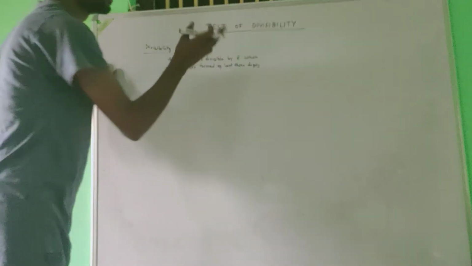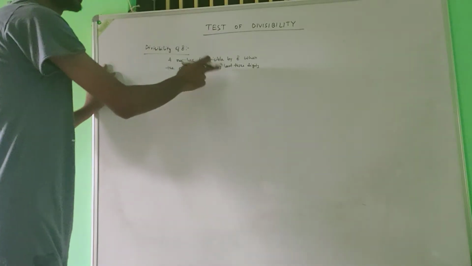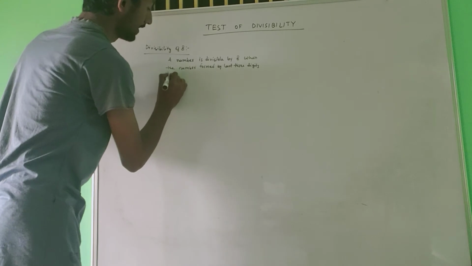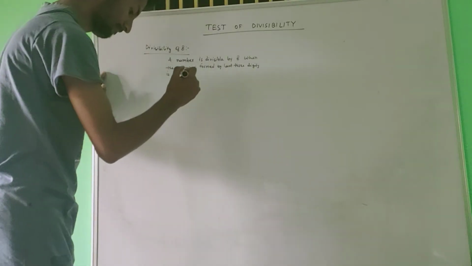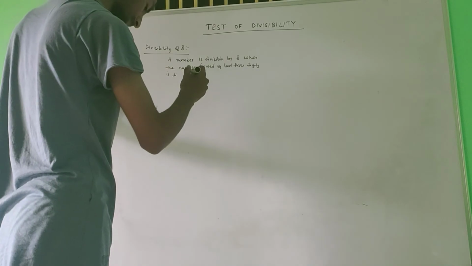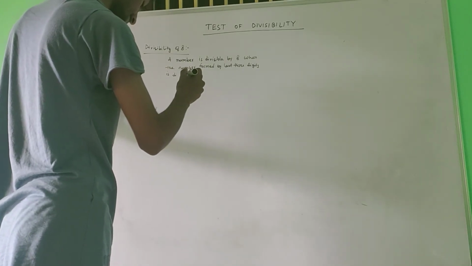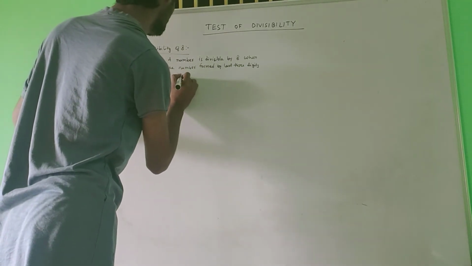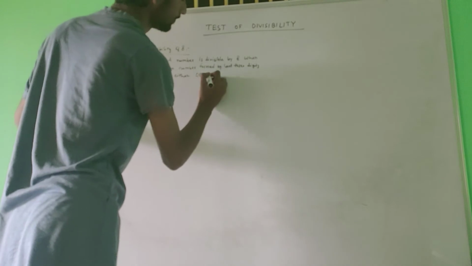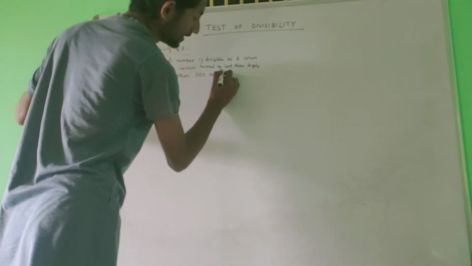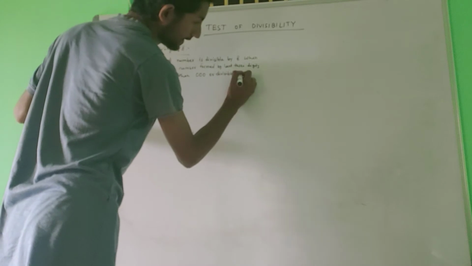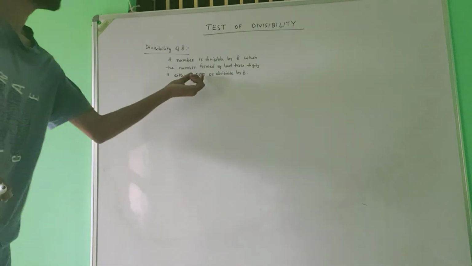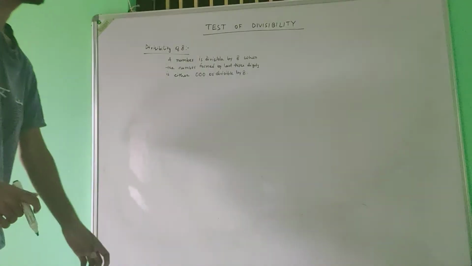It is looking like 4 also. 4 has last 2 digits and this has 3 digits. Last 3 digits have to be either 000 or divisible by 8.